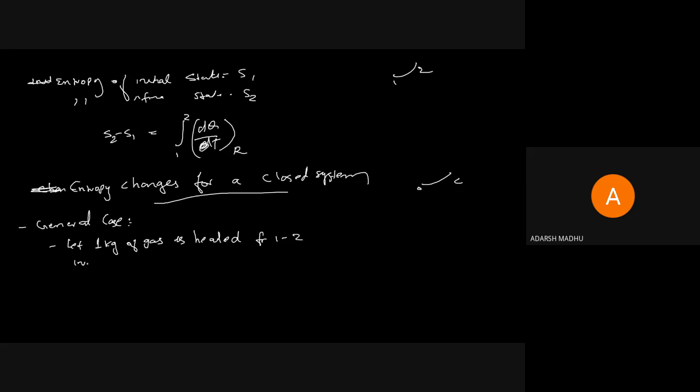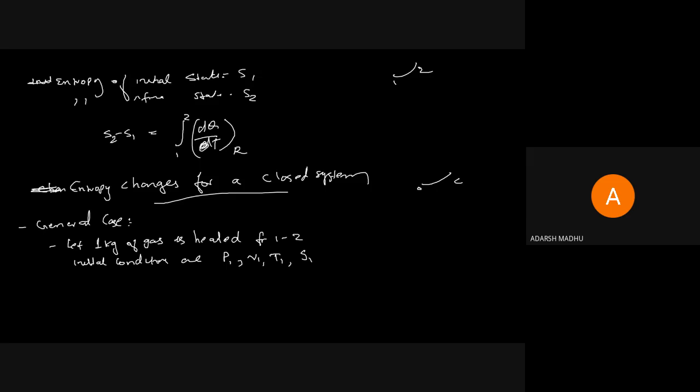The initial conditions are pressure equal to P1, small v, that is specific volume when mass equal to 1. When mass equal to 1, we can take it as specific volume, that is small letter v equal to v1, temperature equal to T1, entropy equal to S1.